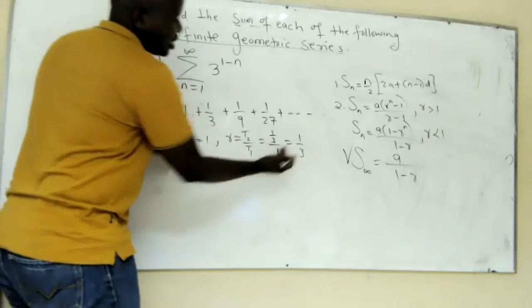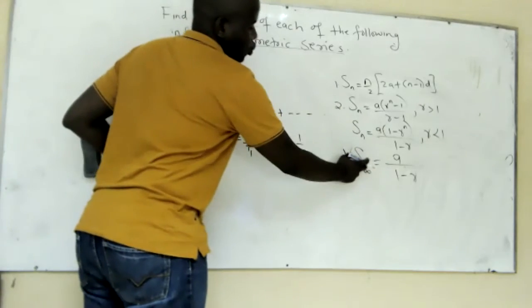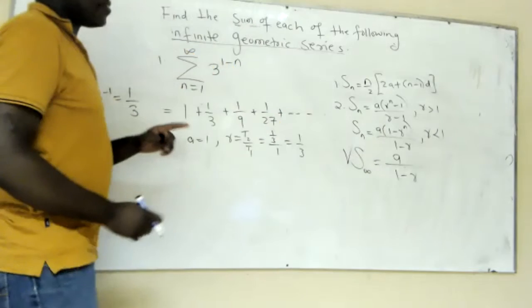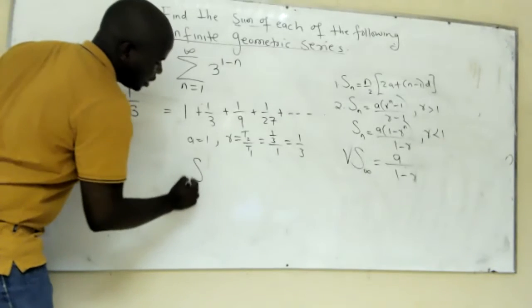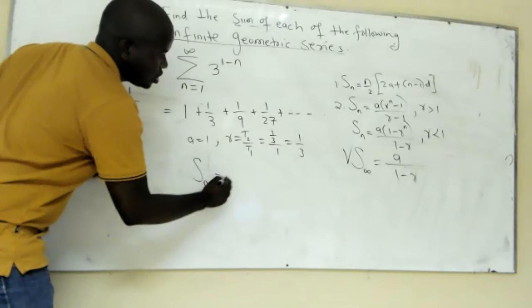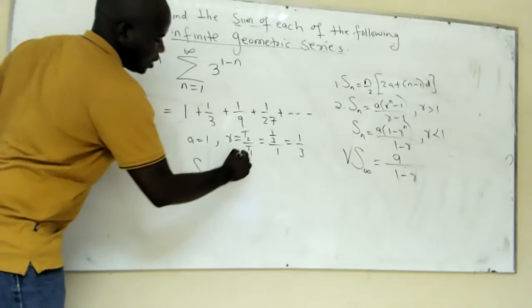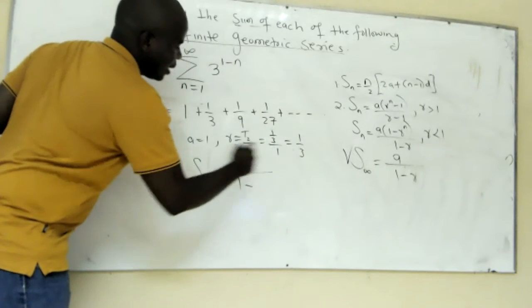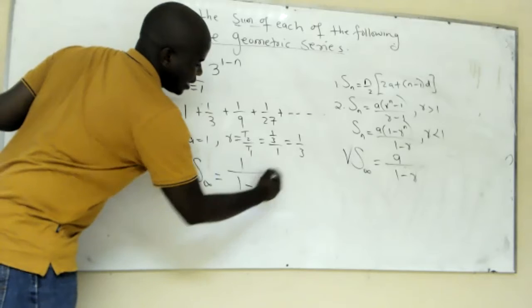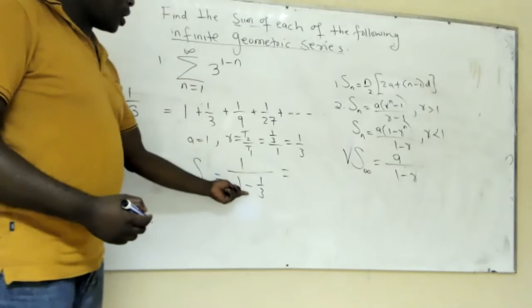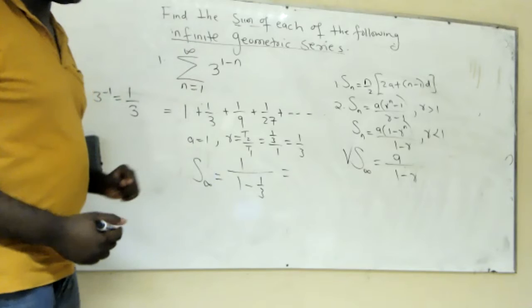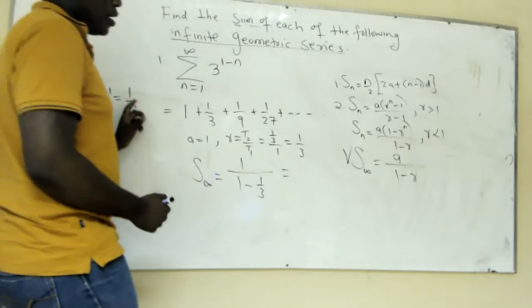Now, after obtaining these two values, you then go and substitute into the formula we have identified already for answering this question. When you substitute, you will obtain the summation to infinity equal to the first term, 1, divided by 1 minus R, which in this case is 1 over 3. You are only left to simplify this, of which you can do using your calculator, but I don't prefer you to go straight to the calculator.